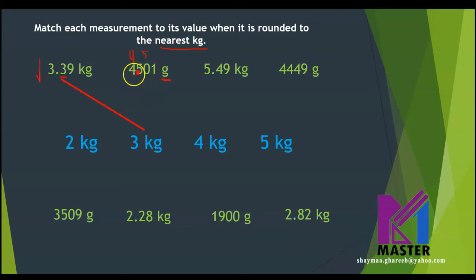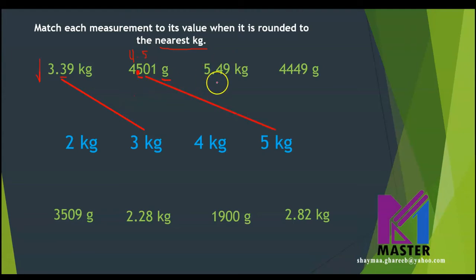So it's 4.501. When I round this to the nearest kilogram, what is the digit in the 10th place? It's the 5. So it will be rounded up to be 5 kilograms.